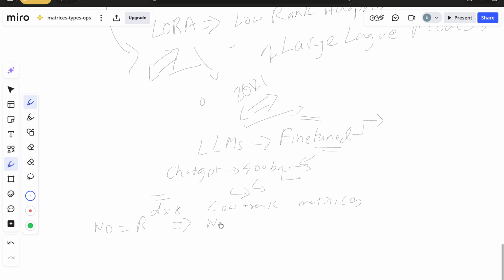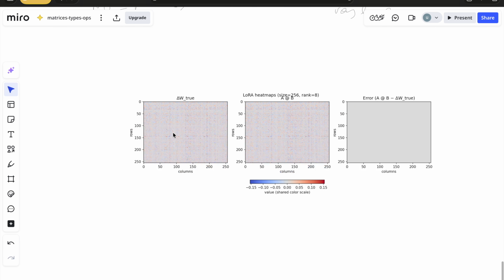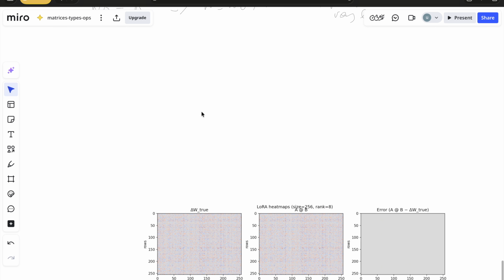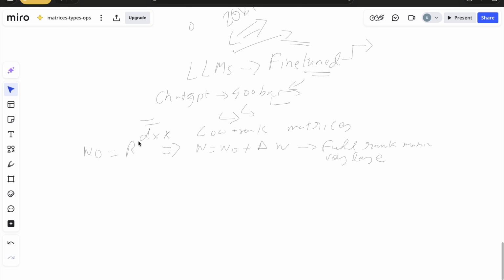You have W equal to W plus delta W, where delta W is a full rank matrix, basically very large.